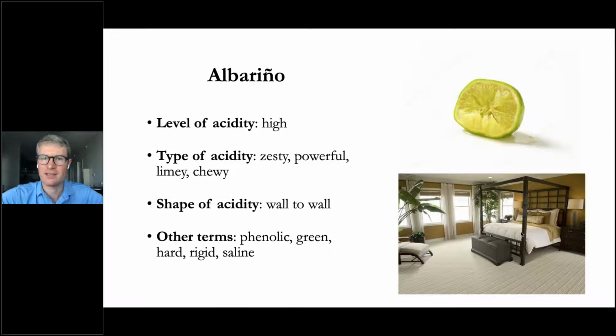The rigid thing is me trying to capture the sense of architecture, again, caused by a combination of the high acidity and the powerful phenolic content in the Albariño. So put together the acidity and the phenolics, you have quite a powerfully structured wine. That's why words like hard and rigid I've also included, to try and capture this sense of a real architecture in the mouth in Albariño.